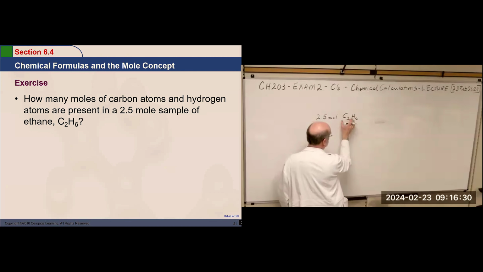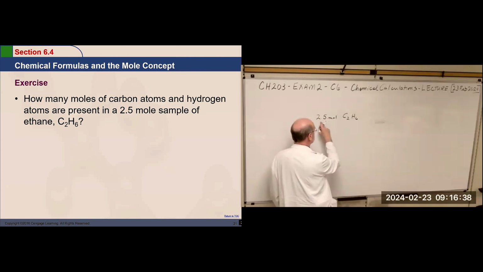If this is how many moles of carbon atoms are in 1 mole of that formula, then 2.5 moles would be 2 times that. So we have 5 moles of carbon and 15 moles of hydrogen. The ratio should be 2 to 6, or 1 to 3. Just checking myself.